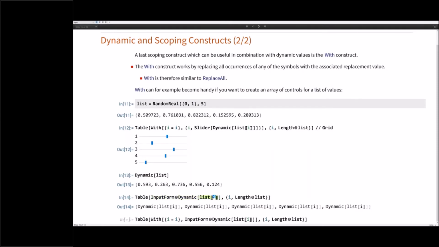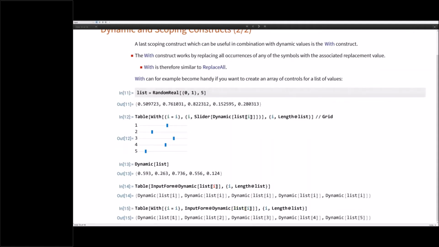What you get is really a list of Dynamic list with a symbolic name i here, and the i will not be inserted here as you want it to. However, if you use the With construct, With is, so to say, similar to ReplaceAll, then this will really replace the symbolic names with the corresponding index. And this is what I'm doing here, and this is why this works.